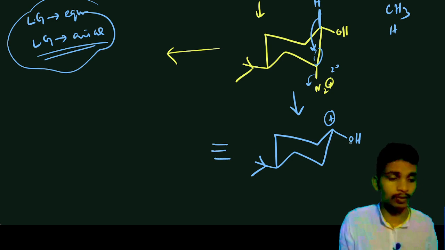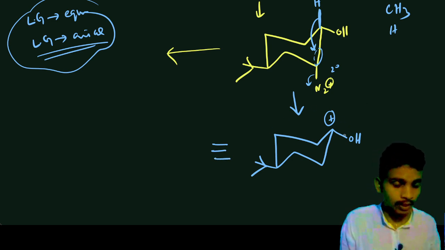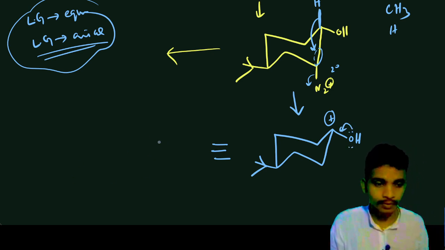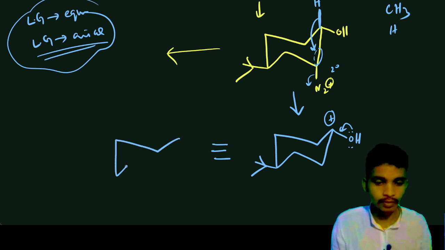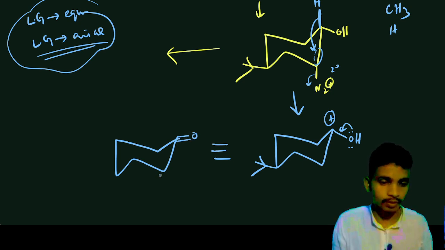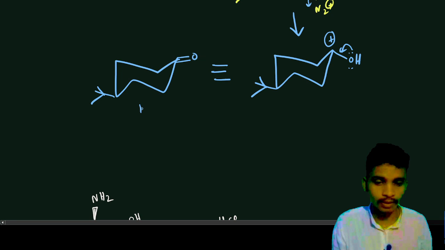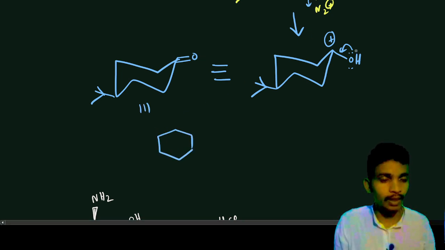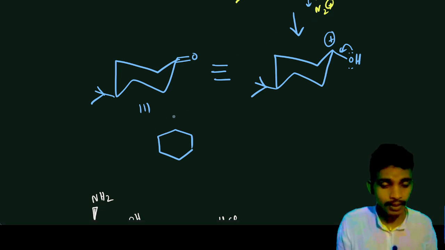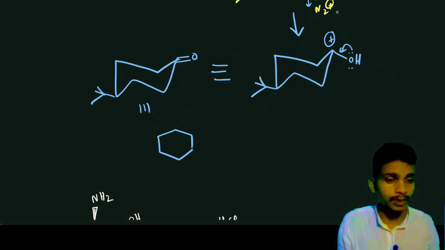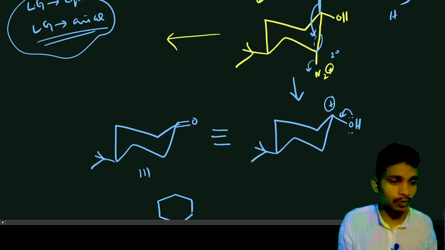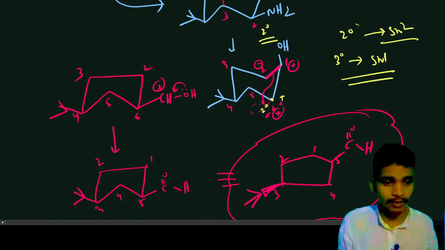Now what happened is that this will give its electrons to here, and we will have the double bond here. If you convert it, then this will be a 6-member ring. So if the leaving group is axial, then it will remain a 6-member ring. If the leaving group is equatorial, in that case it is going to convert into a 5-member ring. That's what I showed here, right?